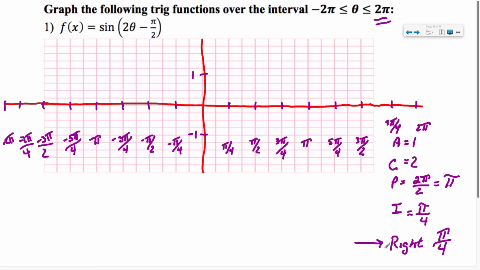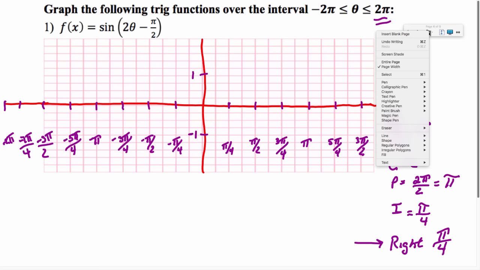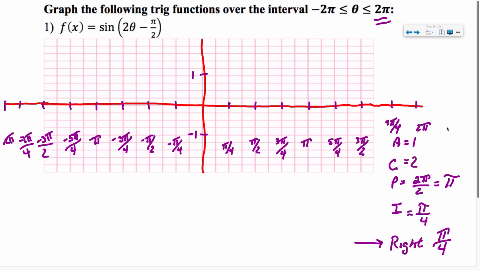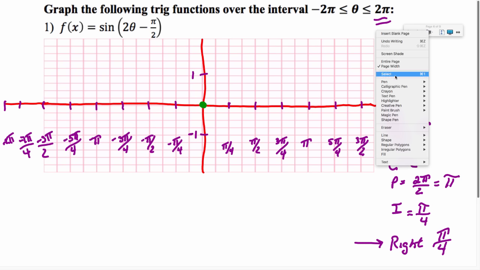When you graph the sine curve, it starts at the origin, and it goes up, down, up, down, up, down. Now, what the shift will do is take your normal starting point, which would be the origin, and move that to the right.